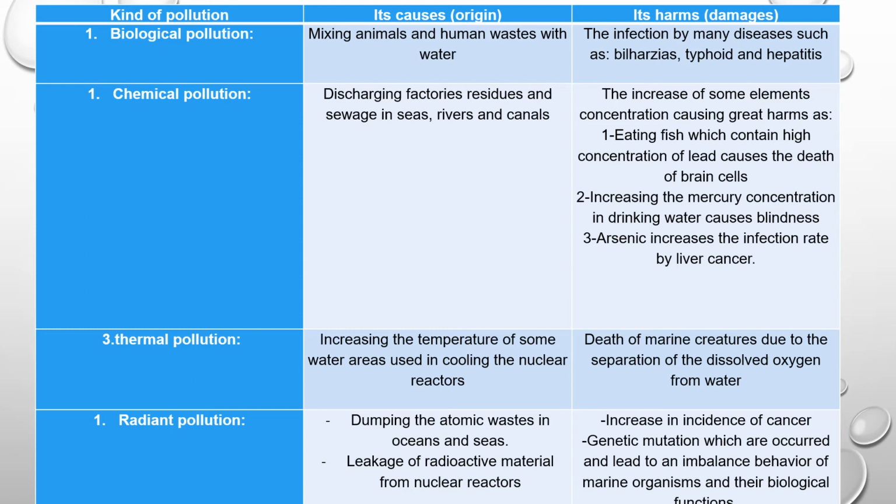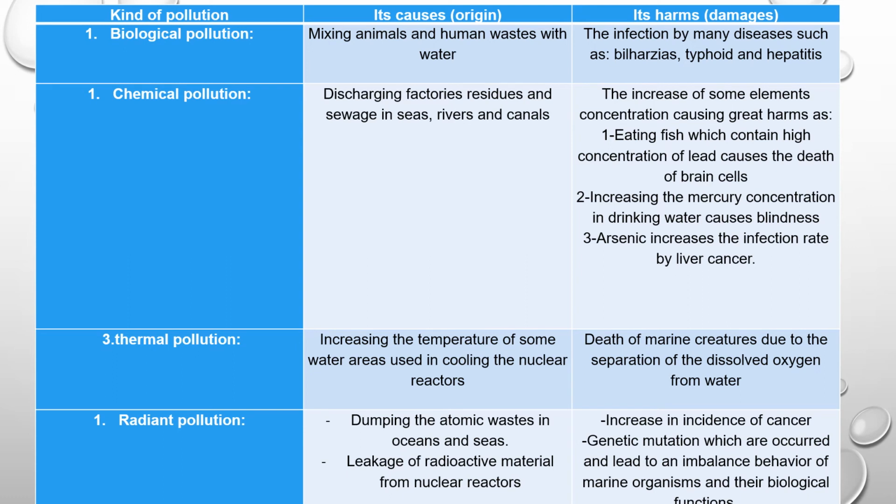First, if it contains a high concentration of lead, that causes death of brain cells. If it has mercury concentration, that causes blindness. If it has arsenic, that causes liver cancer.